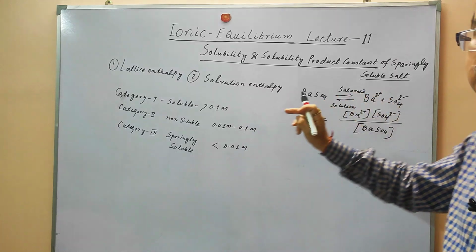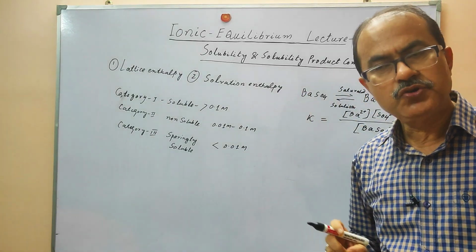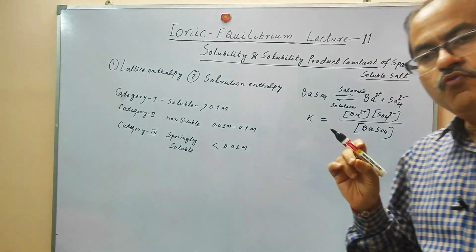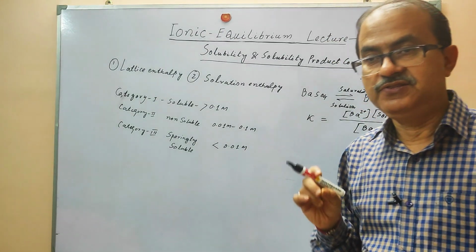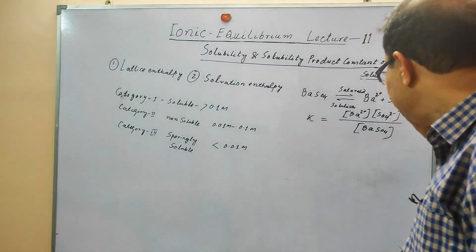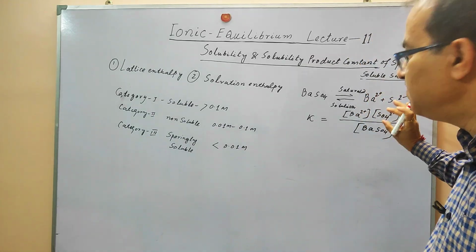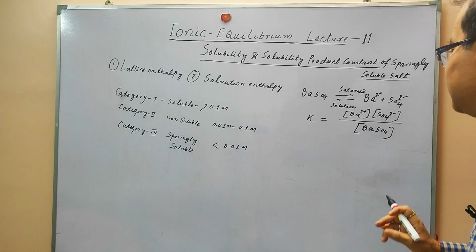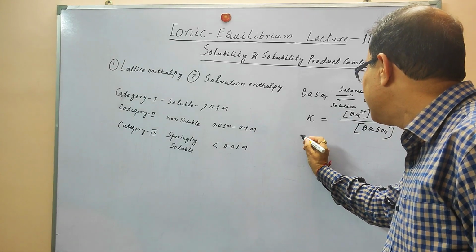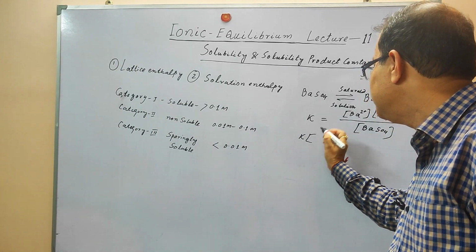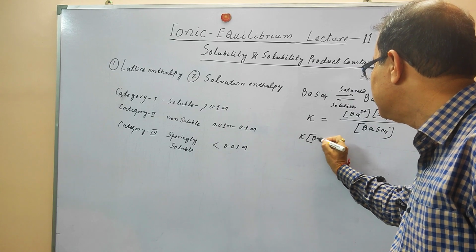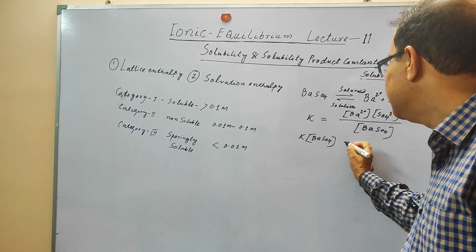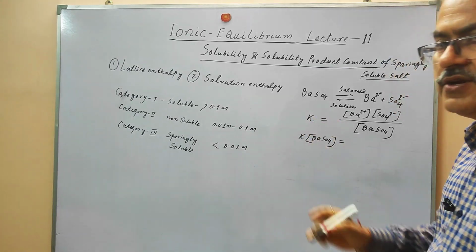We know BaSO4 is a pure solid, so its molar concentration does not change. So we can consider BaSO4 solid as a constant term, and we include its molar concentration in the equilibrium constant.